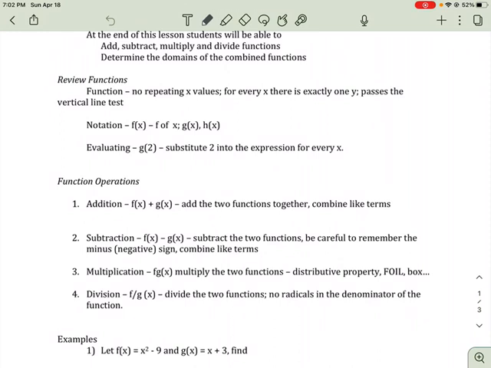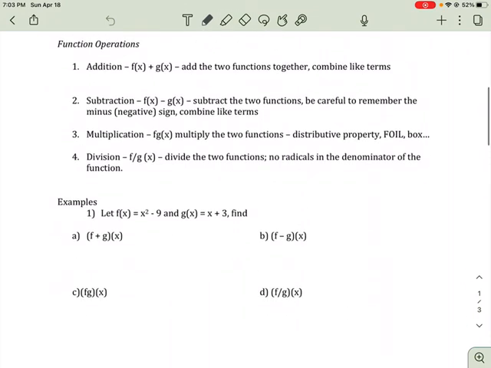Multiplying the two functions, we may have to do some FOIL, we may have to distribute, things like that. And division, when we divide the two expressions, the functions, we may need to factor, we may need to rationalize the denominator, we may be doing a whole bunch of stuff with division. Again, division always seems to be an issue.